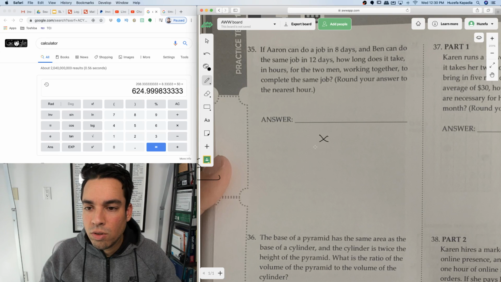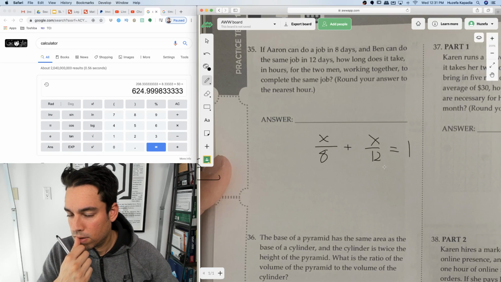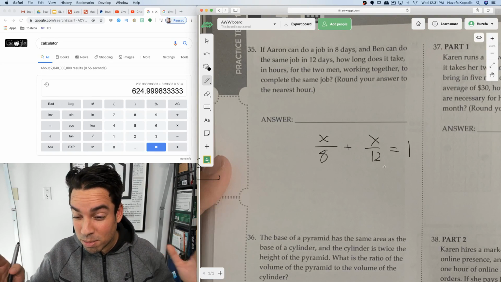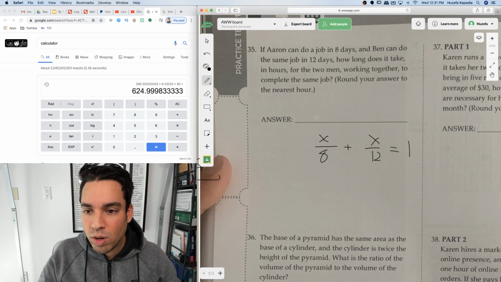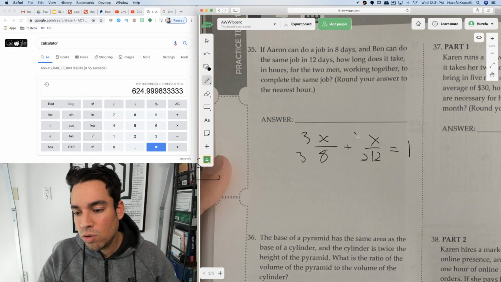It's like x over 8 plus x over 12. Something like this equals 1. I remember this is the setup. I don't do these problems that often, but I know it's something like this when we have different rates and we're doing it together. And then this becomes times 3 times 2.